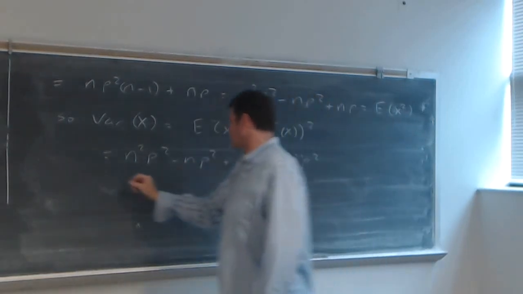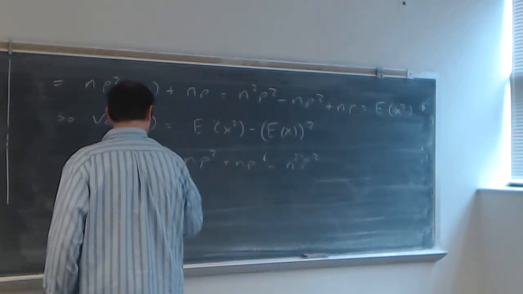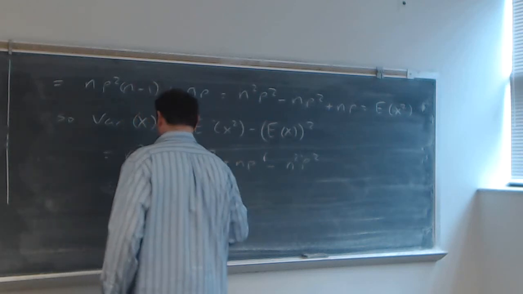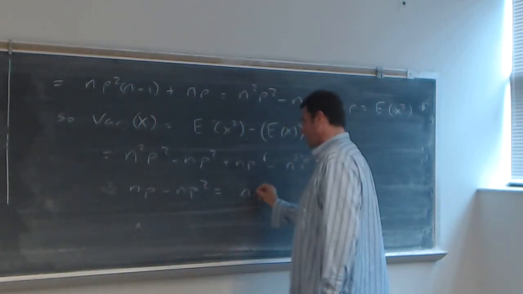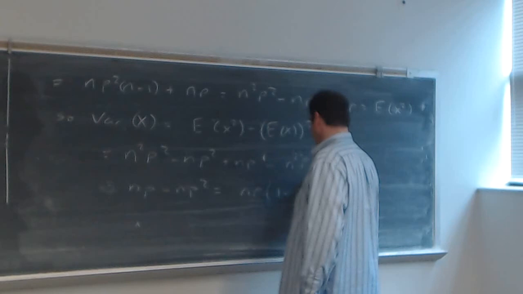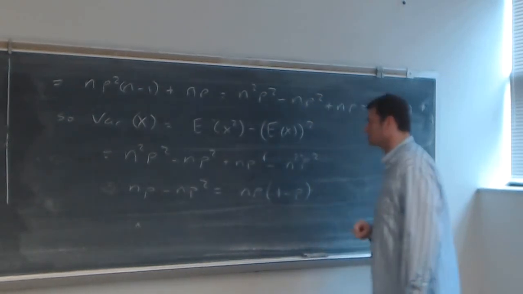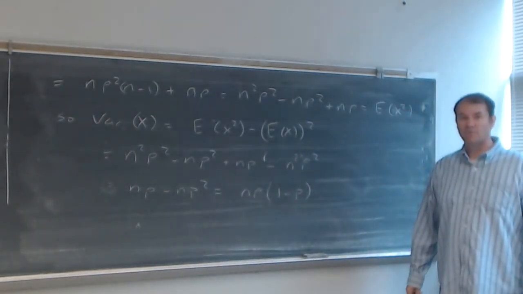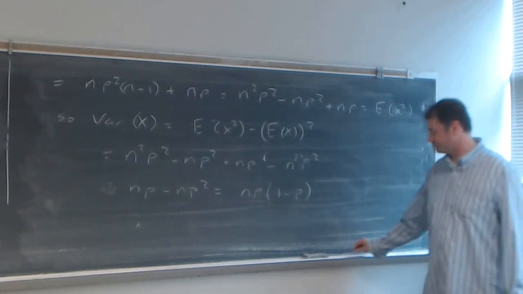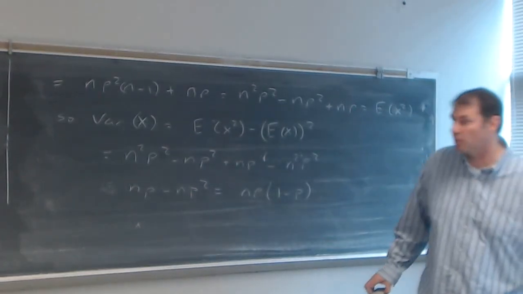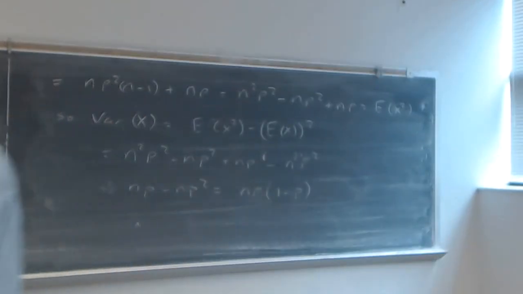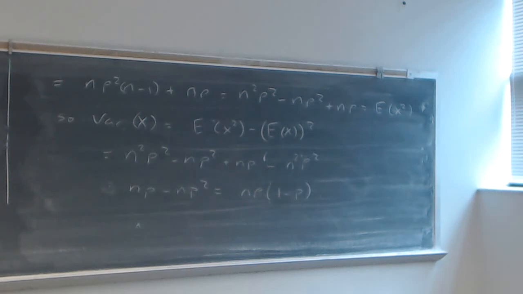These two guys cancel, so what I'm left with is np minus np squared. And when I factor out an n and a p, I'm left with 1 minus p, and that is exactly the variance of a binomial with parameters n and p. Okay, let's do one more example, and then we'll call it quits for this lecture.